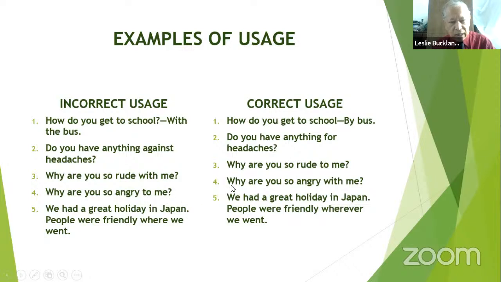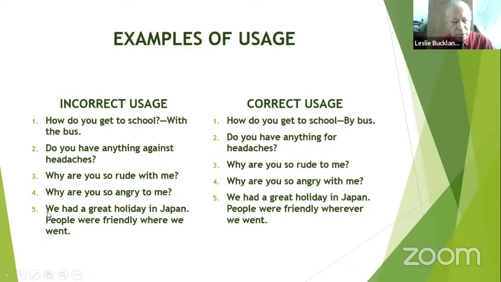How we use it in the correct usage is, why are you so angry with me? And another way I've heard it used also is this, why are you so angry at me? So we could say either with me or at me. Your anger is directed towards me, and we ordinarily use either with me or at me.